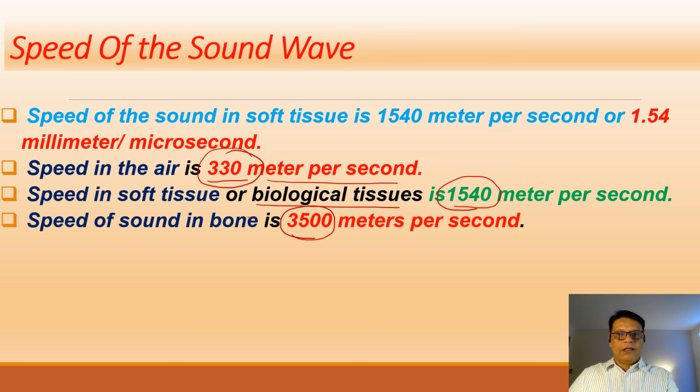You will see that the speed of sound in air is very low, and the speed of sound in bones or solids is very high, and soft tissue is in an intermediate range.